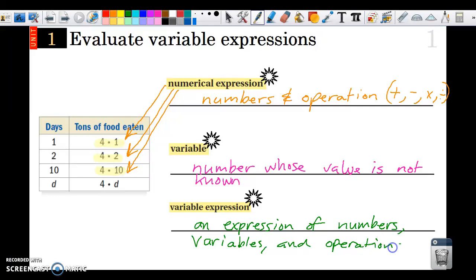An example of a variable expression is this very last one right here. It has a number and an operation to make a numerical expression, but it also has that D value there. So that is a variable expression because it has a variable inside of it. Very similar ideas, and just one has a variable and one does not.